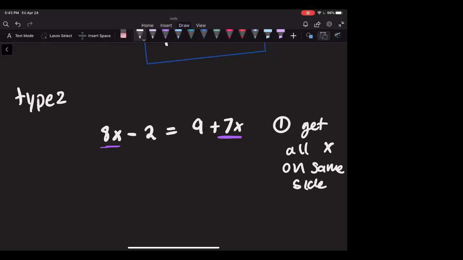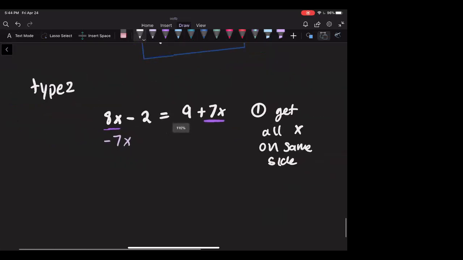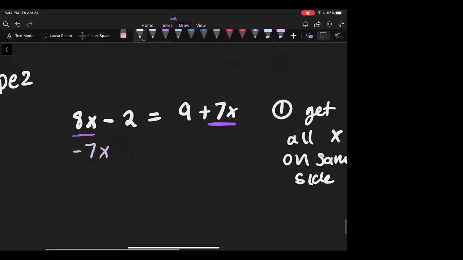So then we put that beside the 8, and we're going to put the minus 2 beside the 9. So what's the opposite of addition? Subtraction. So we're gonna subtract 7x on this side. But why would we subtract? Won't we divide because the 7 is multiplication? But we're moving the entire thing.